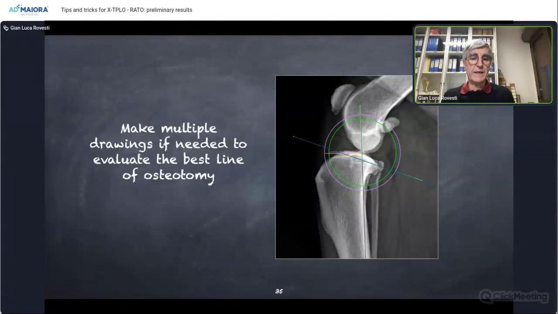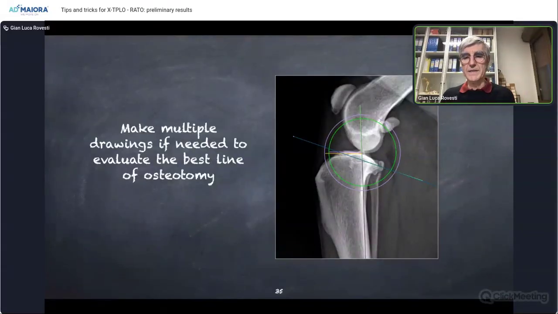Please be aware that using the intraoperative guide, the X-TPLO guide, we don't need to change the scale as with the tables related to the TPA angle and to the radius of the blade, meaning that whatever radius blade you use, the goniometer won't change.